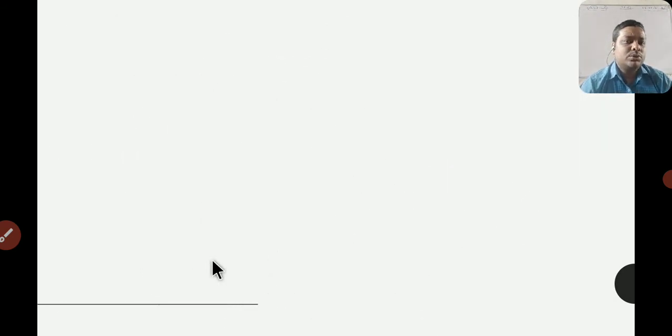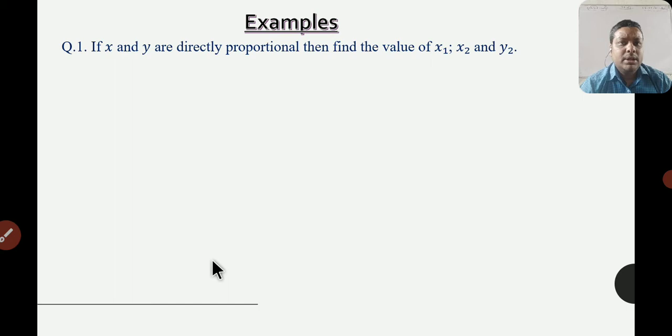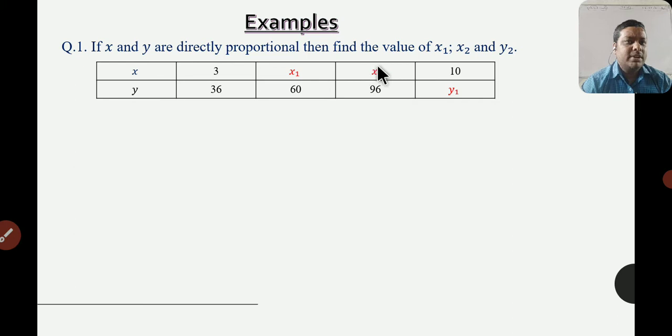Now, let's see the examples. Here, if x and y are directly proportional, then find the values of x1, x2 and y2. These three values we have to find. You can see this table. Now, solution.